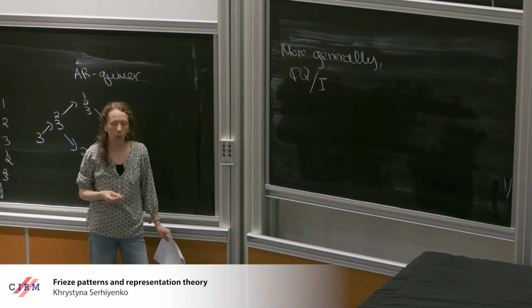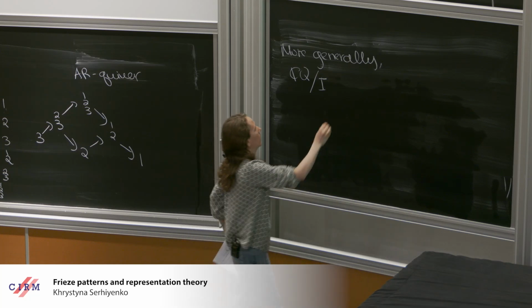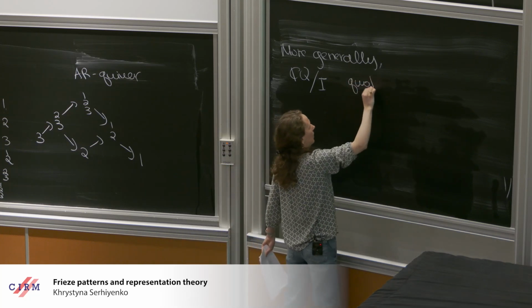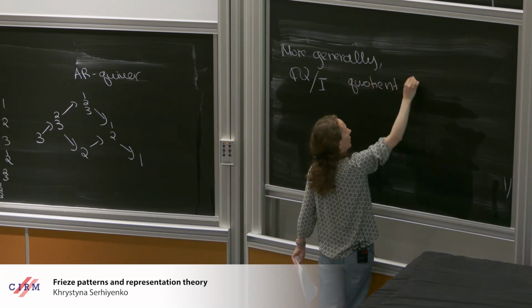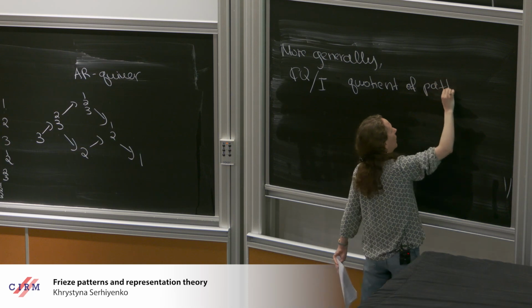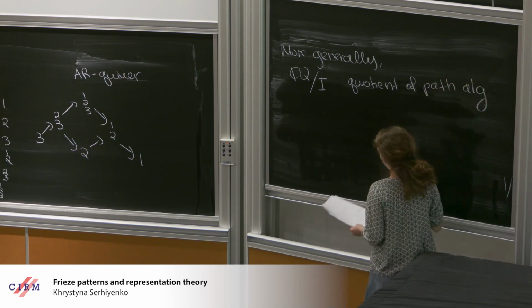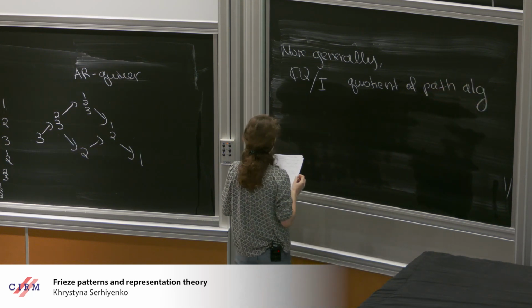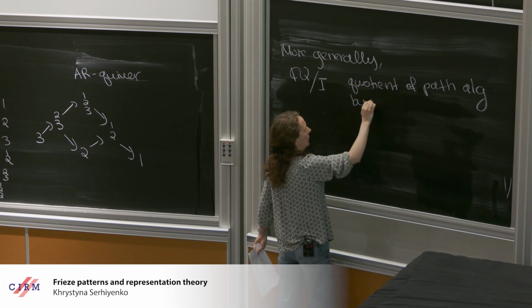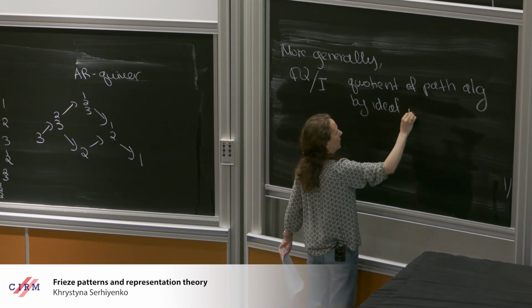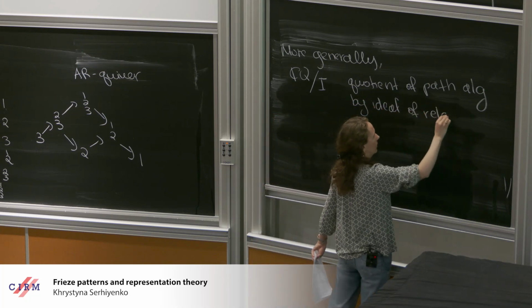I can take a quotient of a path algebra by some ideal. And we usually call these the ideal of relations.